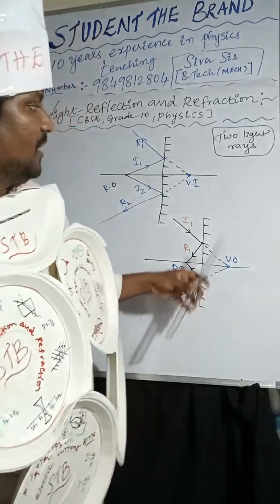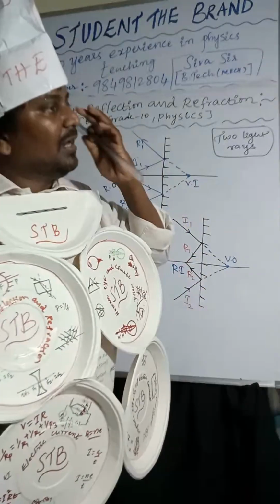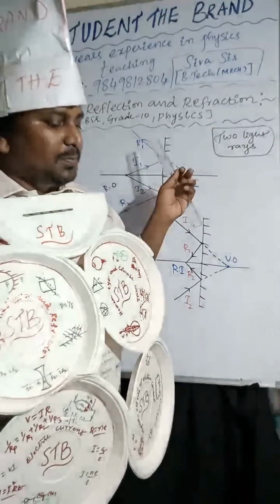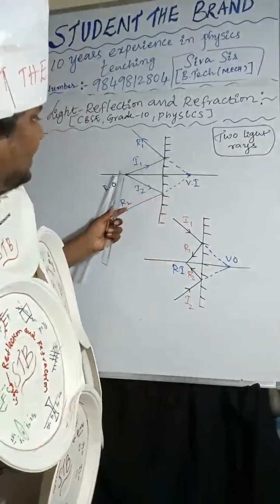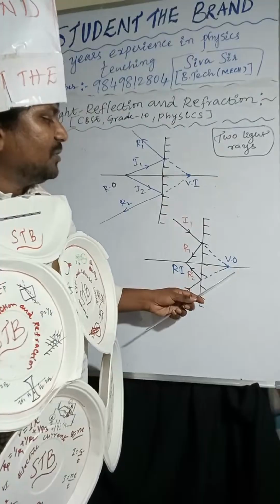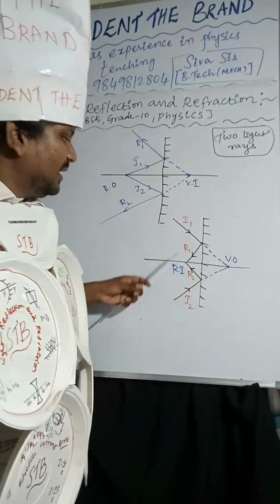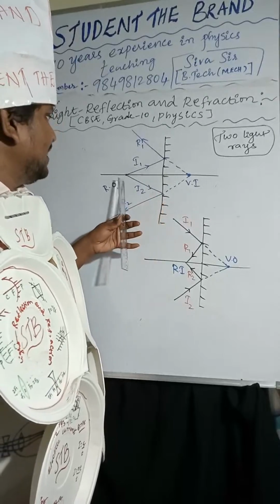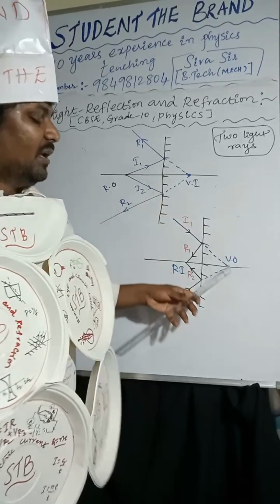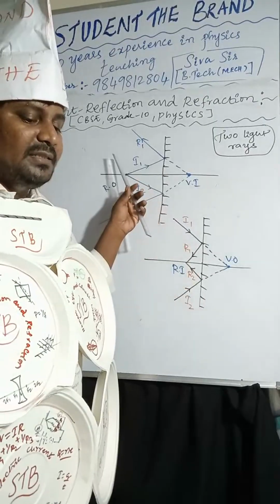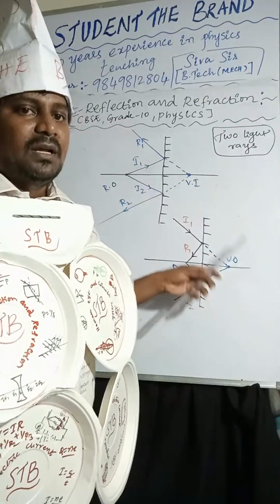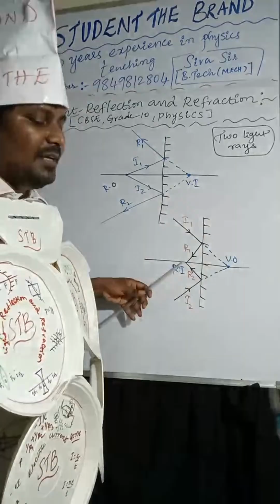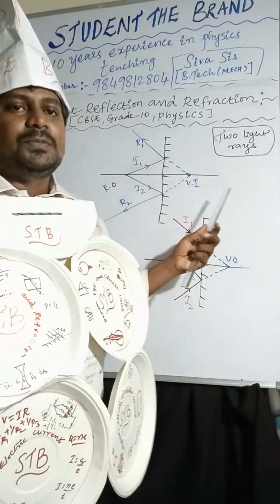Once again I will conclude these points. The conclusion is, here is a real object, here is a virtual object, here is a virtual image, here is a real image. So what is the difference? How is it possible?